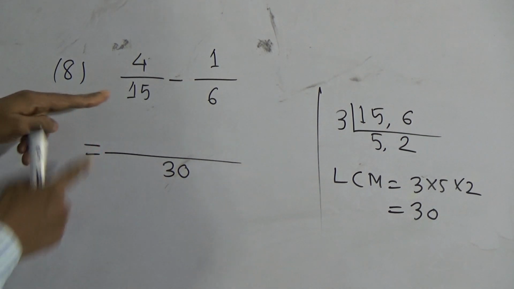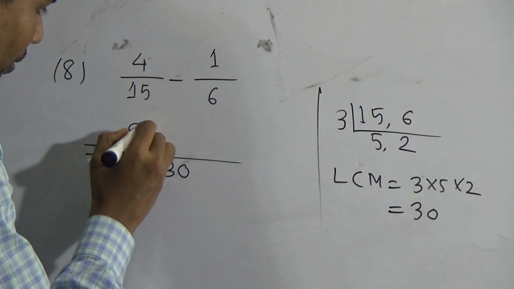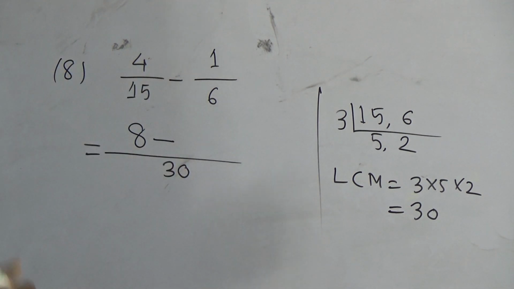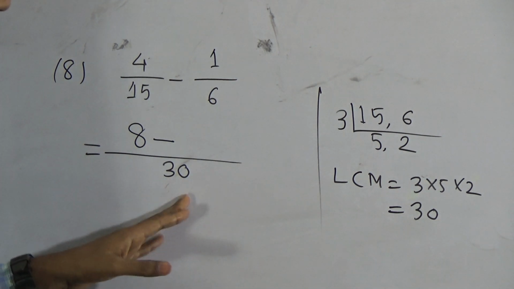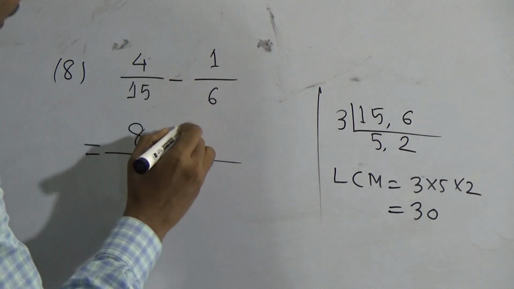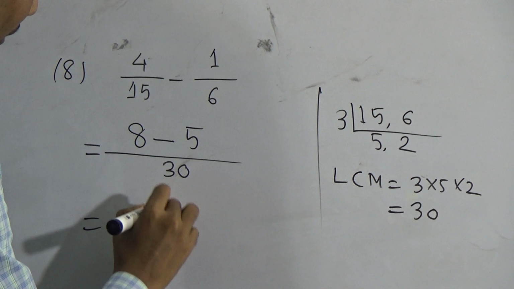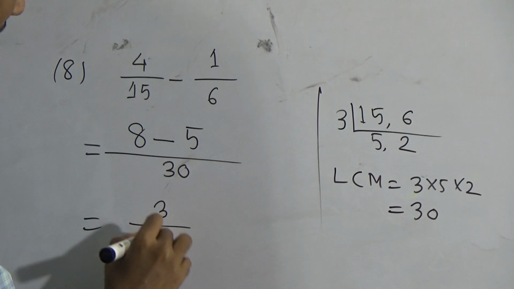Same procedure, divide 30 by 15, then you get 2. Now multiply with 4, then we get 8, minus. Now divide 30 by 6, then you get what? 5. And 5 ones are 5. 8 minus 5 equal to what? 3 over 30.